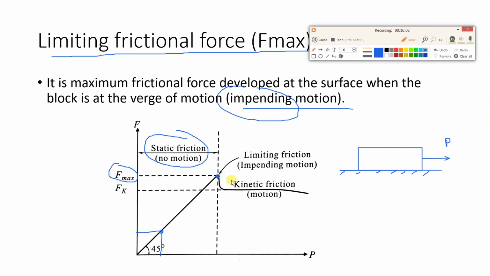To the right of this, the body will move, so that is why motion is written here and this is kinetic friction. It has been observed that when the body moves, the frictional force reduces, and here you can see this is Fk, kinetic friction, denoted by Fk, and that is less than the limiting frictional force.